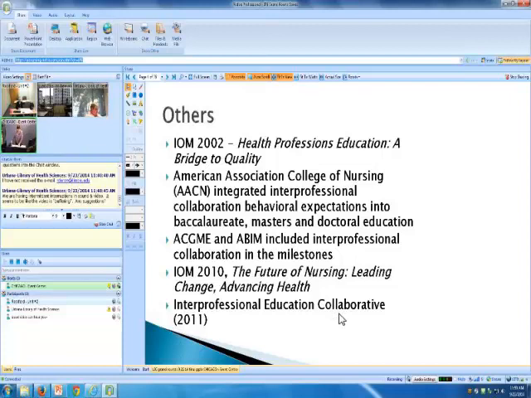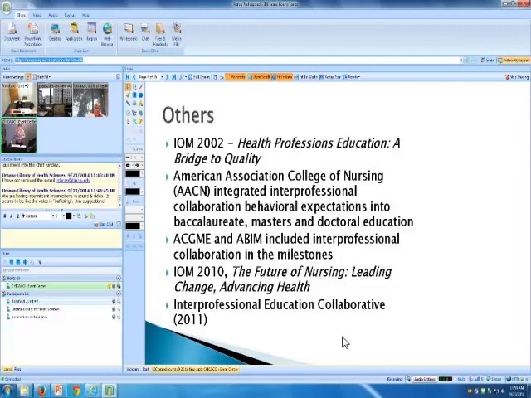And then in 2011, Marlene referenced the IPEC, the Interprofessional Education Collaborative, and their 4 competency domains of values and ethics, roles and responsibilities, interprofessional communication, and teams and teamwork.